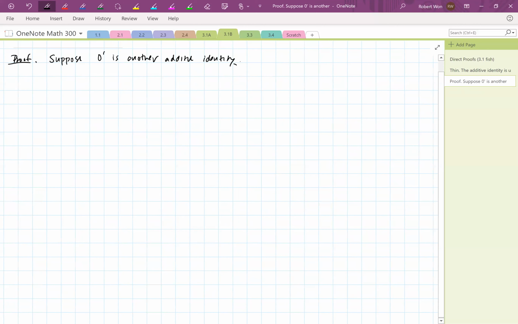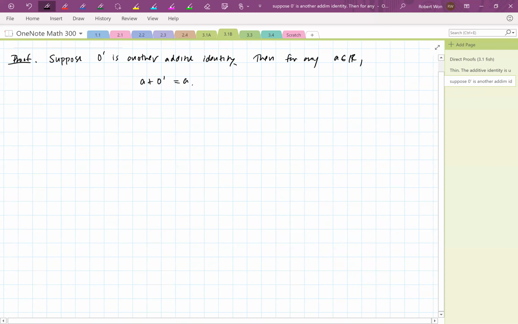Okay, so same setup as before. Let's suppose that 0 prime is another additive identity. Again, by definition, this means that 0 prime plus a equals a for any real number a, and any real number a plus 0 prime equals a.